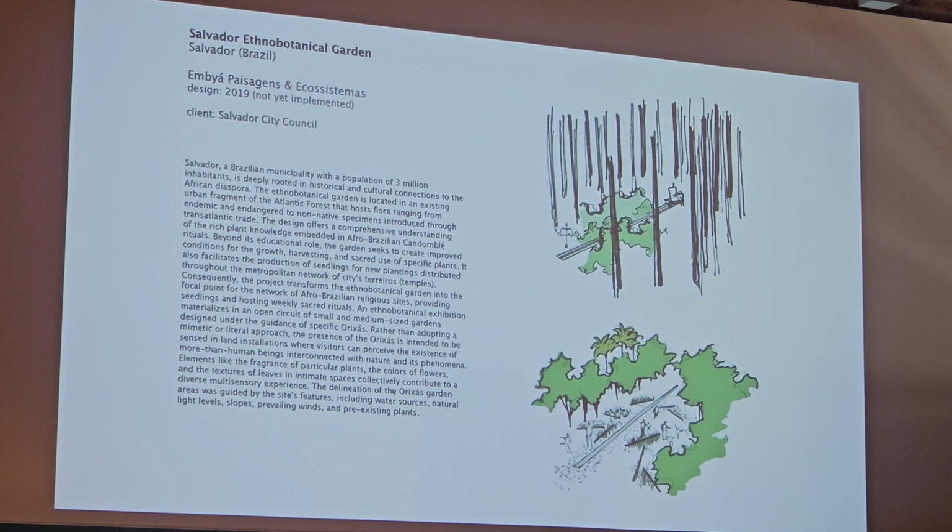This was a group that didn't present in the conference, but that we invited afterwards. This is a group of landscape architects who were here giving a lecture a few years ago from Brazil, and very interested in the context of Salvador. Salvador, if you don't know, was a hotbed of exchange from Africa. It was part of the whole slavery network, and developed its own very strong African community in Brazil.